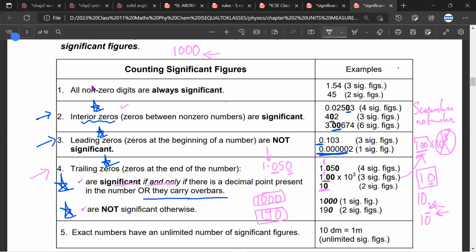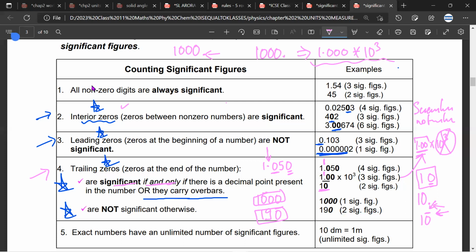If you want to show that these three trailing zeros are actually significant, then it is preferably written in the form of scientific notation like this. Are we clear?